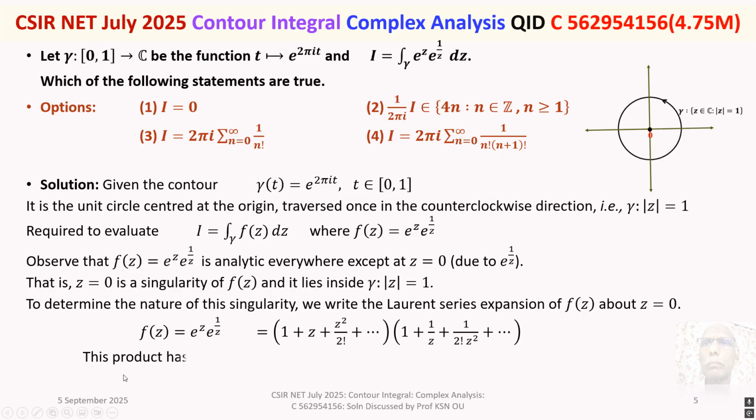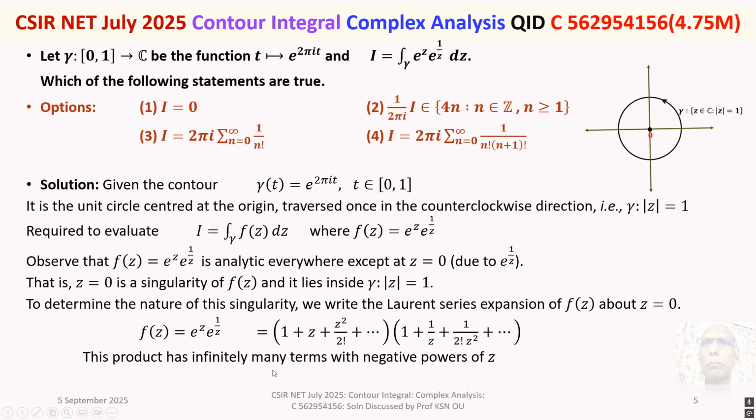Now, this product has infinitely many terms with negative powers of z. You see, 1 times 1 by z, 1 times 1 by 2 factorial z square, and so on and so forth. And many more, even from the z contribution also, many more negative powers of z will appear in this expansion.